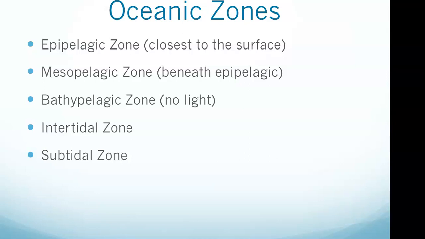This zone is often referred to as the twilight zone. 90% of the ocean lies in the Bathypelagic Zone, also called the aphotic zone, into which no light penetrates. Intertidal zones are the area above water at low tide and underwater at high tide. The subtidal zone is the area below the low tide waterline.